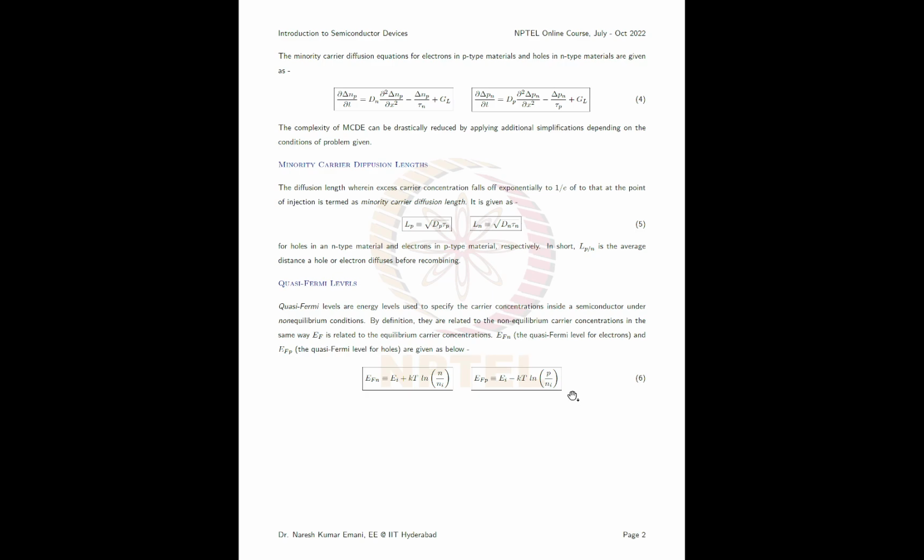These are the same equations you use to calculate the Fermi level, but here n and p are non-equilibrium carrier concentrations instead of equilibrium carrier concentrations.